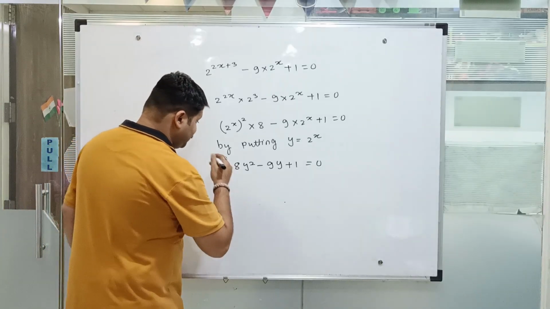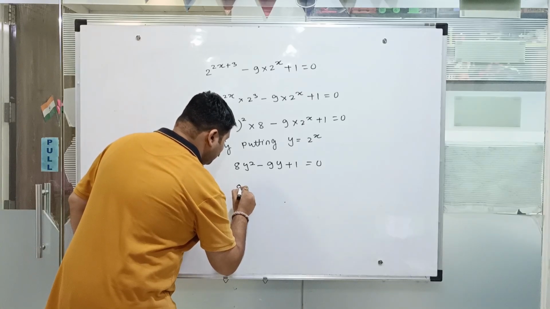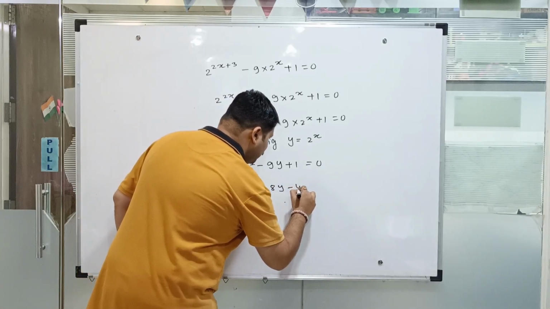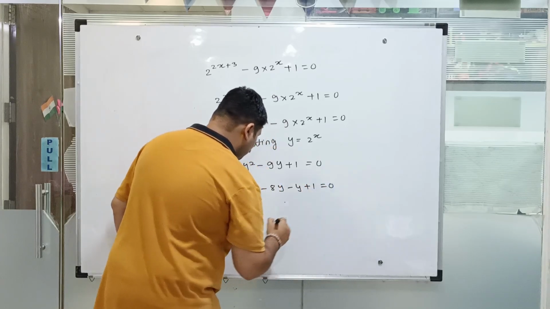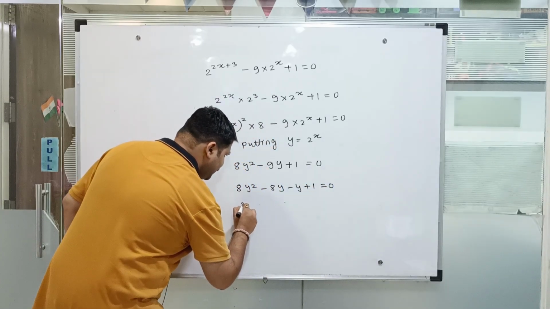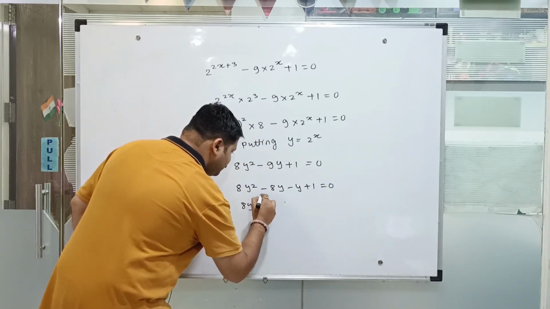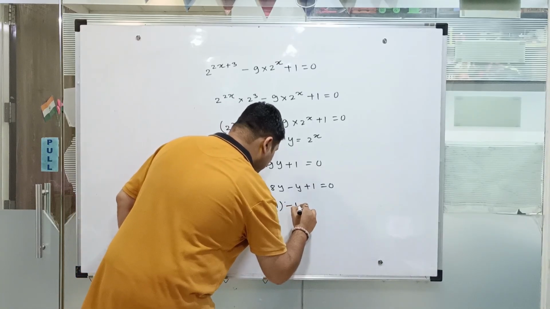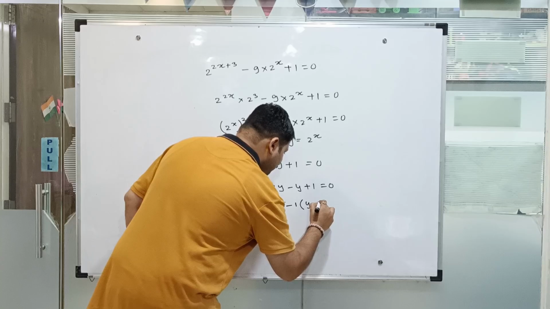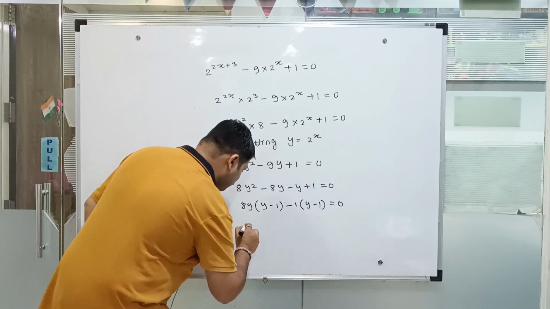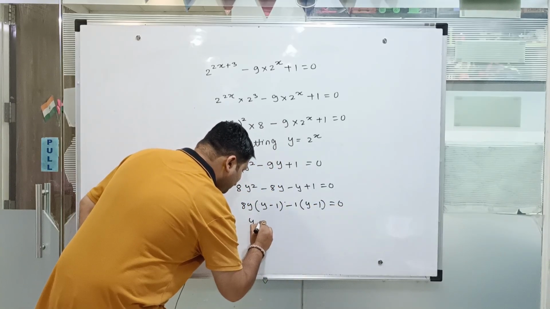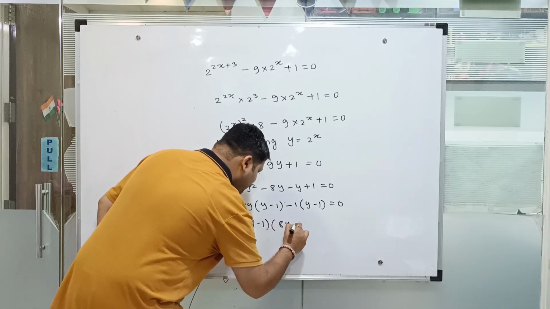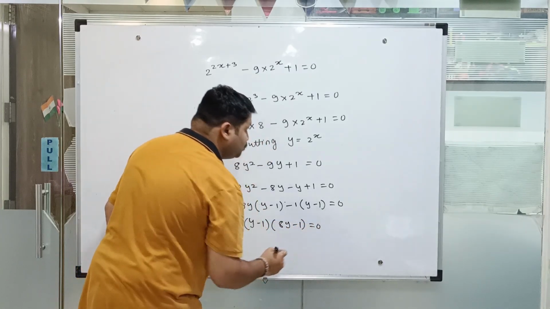So this can be written as 8y square minus 8y minus y plus 1 is equal to 0, giving me 8y multiplied by y minus 1 minus 1 multiplied by y minus 1 is equal to 0, giving me y minus 1 multiplied by 8y minus 1 is equal to 0.